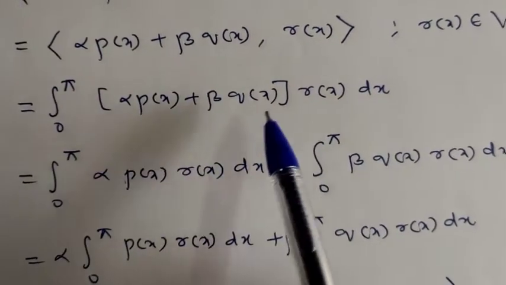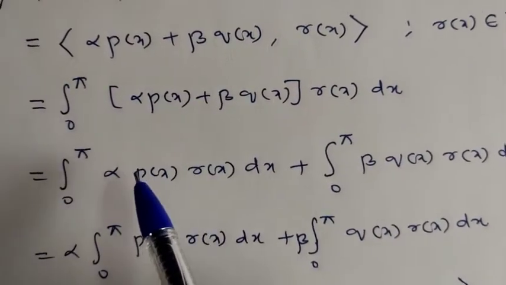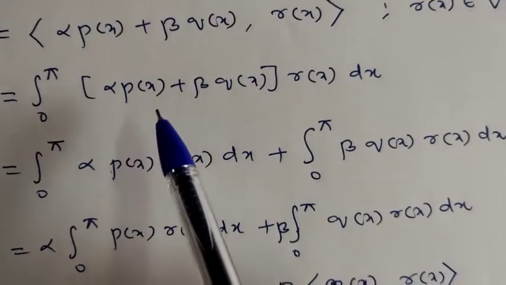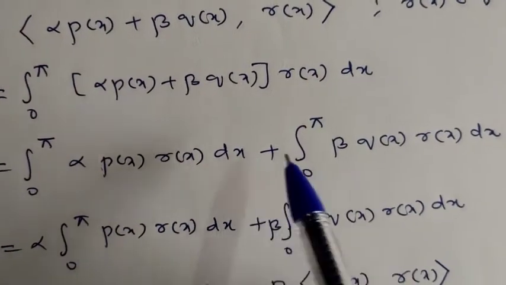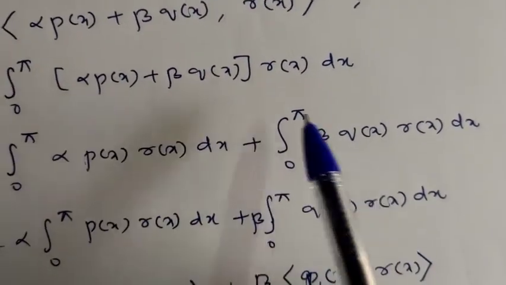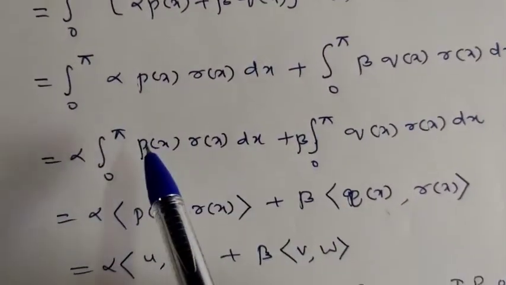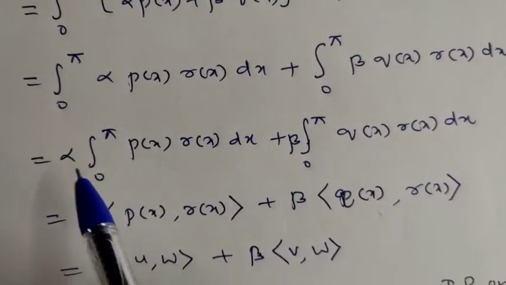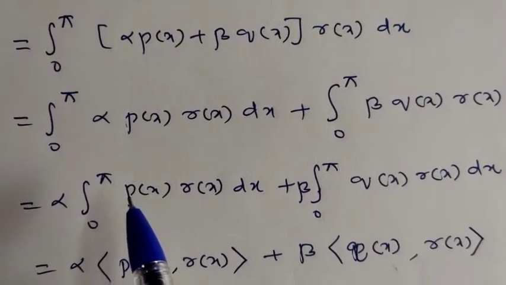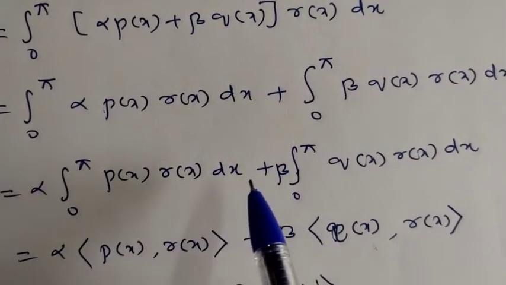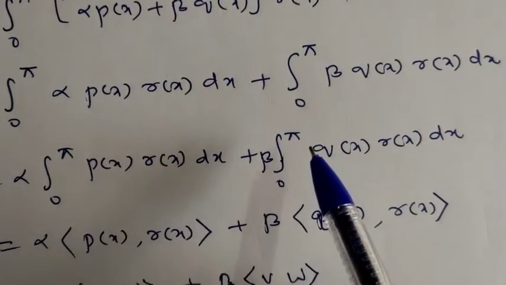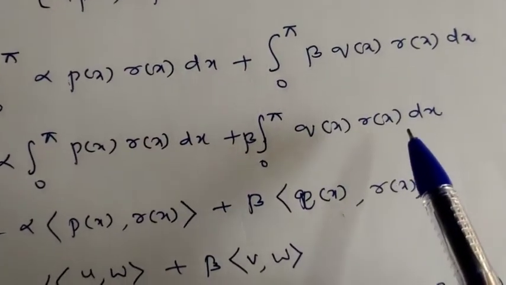You multiply through by r of x, it gives integral from 0 to pi of alpha p of x into r of x dx plus integral from 0 to pi of beta q of x into r of x dx. Alpha can be taken out: alpha times the integral from 0 to pi of p of x into r of x dx plus beta times the integral from 0 to pi of q of x into r of x dx.